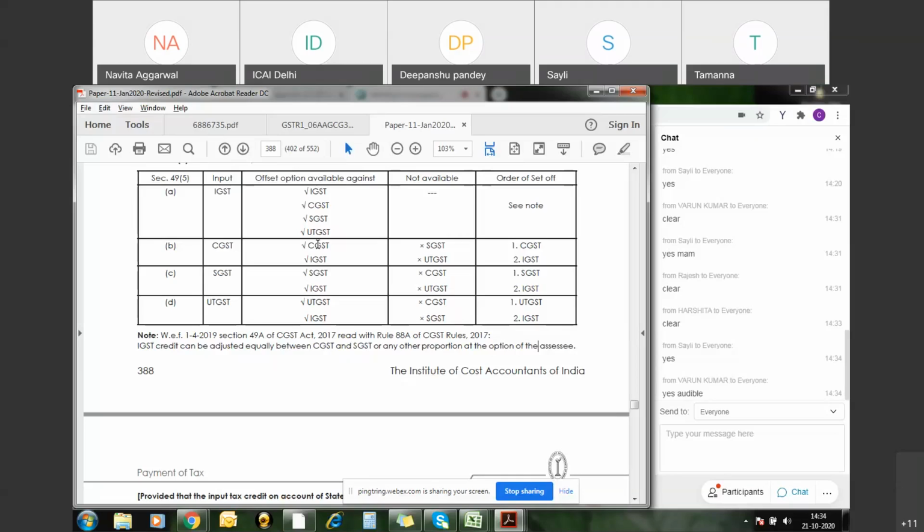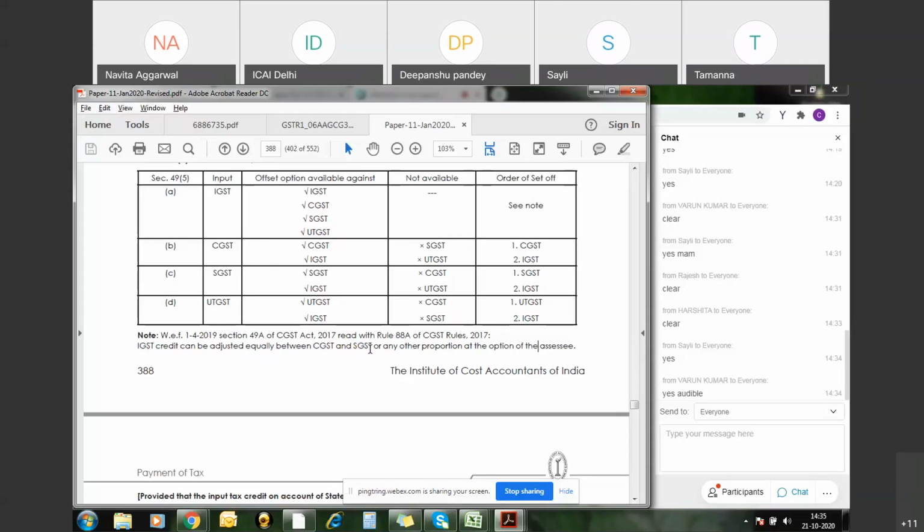If we are dealing with the UTGST input, it is not available to be set off against CGST or SGST. UTGST can be set off first against UTGST liability, and then against IGST. SGST can first be set off against the output liability of SGST. Then if any input is still available under SGST, it can be set off against IGST liability. Clear? There are a few examples given in this note.